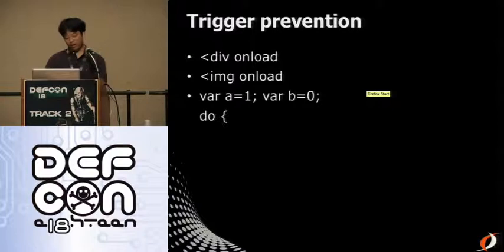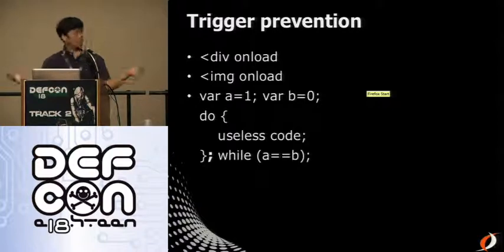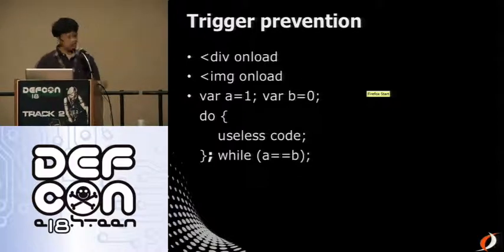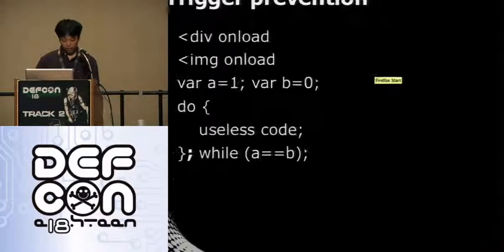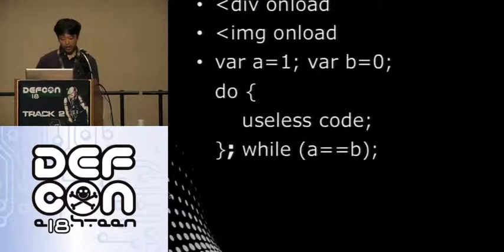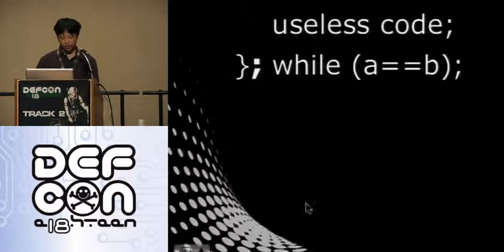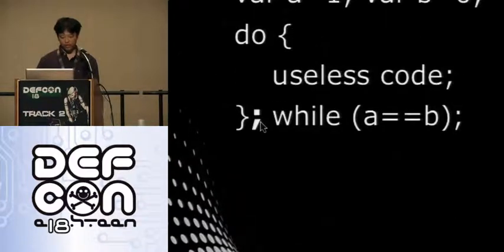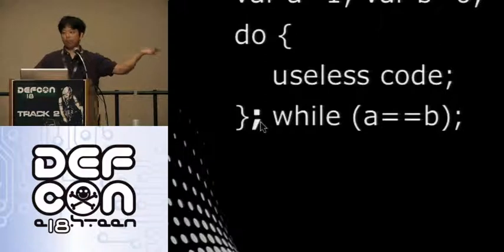A third one is also very commonly used. It's just some arbitrary do-while loop. But if you see here, in the do-while, there's an extra semicolon, which is actually a grammatical error.